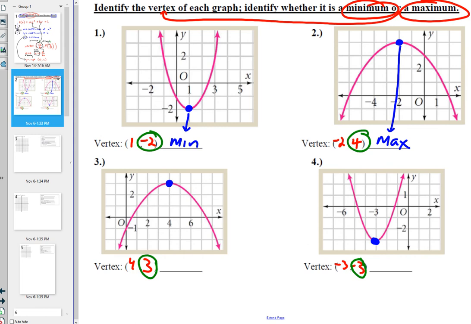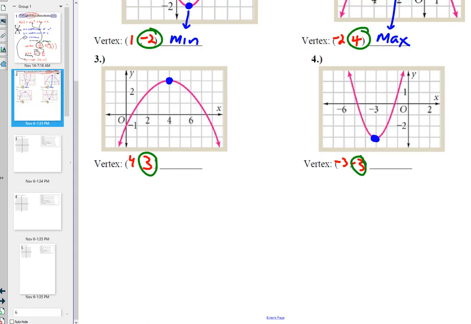If I go to the second parabola that we did, what is the maximum value of that function? No, it's 4. Because it goes as high as 4. There's no minimum because it'll go down forever and ever and ever, but there is a maximum. Look at number 3. Does this have a max or a min? This would be a max because the vertex is at the highest point. And if you were asked what that max is, what would you say?